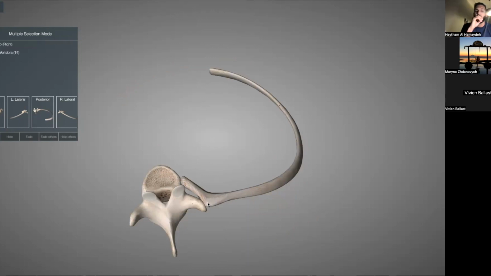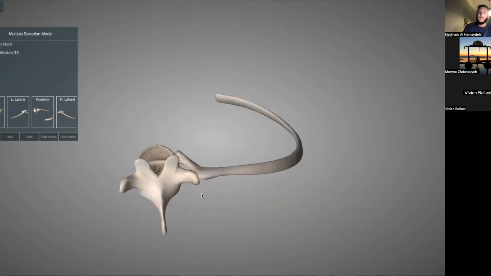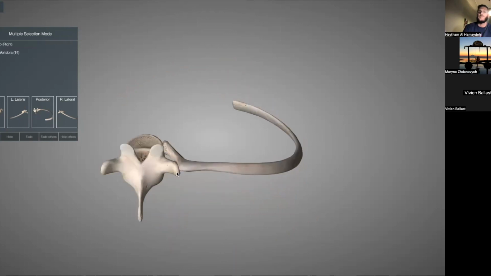So the articular surface articulates with the transverse process of the vertebra with the same number. And the non-articular surface is used for attachment of the ligament of the vertebra above.